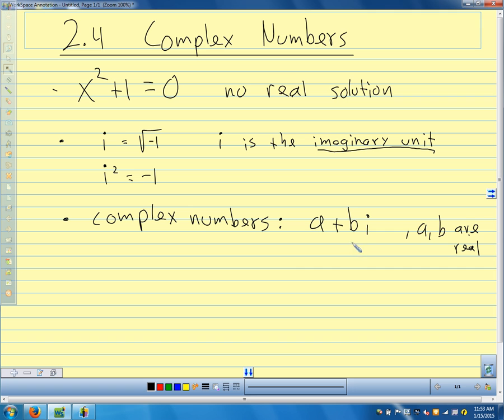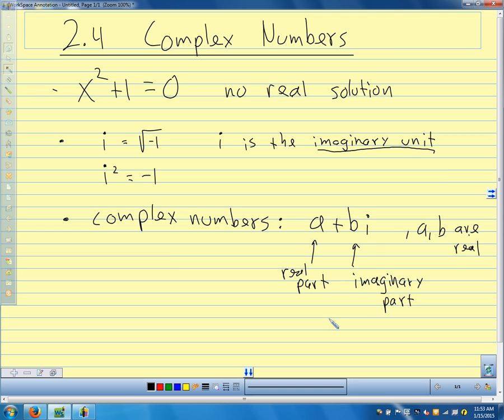So we call this a complex number. We call a the real part, and b is the imaginary part.